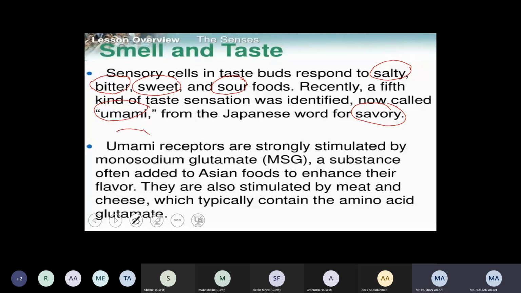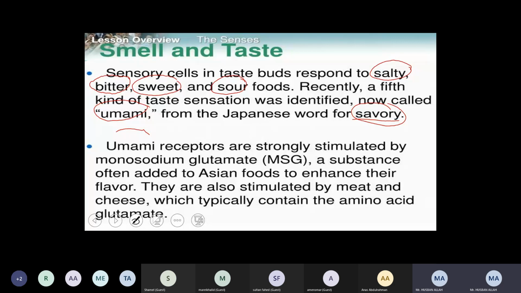They are also stimulated by meat and cheese, which typically contain the amino acid glutamate. This umami taste is related to MSG, monosodium glutamate.